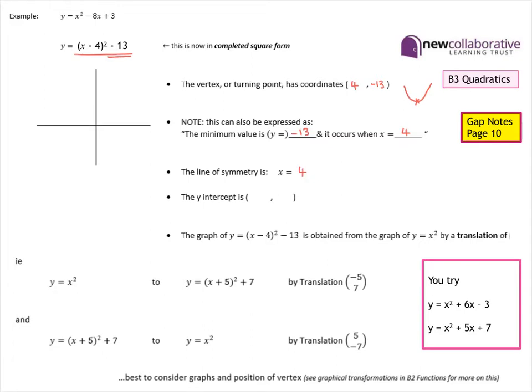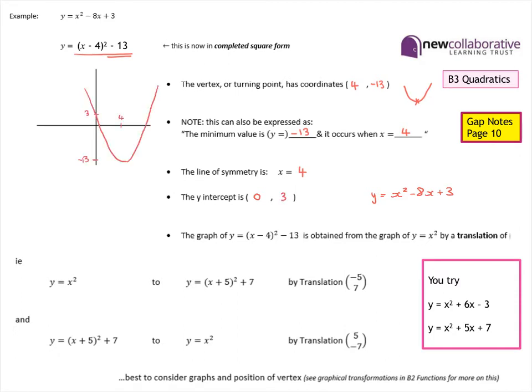And we can get the y-intercept by either referring back to the equation in its original form, which was x squared take away 8x add 3. So we can either substitute x equals 0 into that form of the equation, or we can substitute x equals 0 into the completed square form of the equation, and that's going to give us the y-intercept as 0, 3.